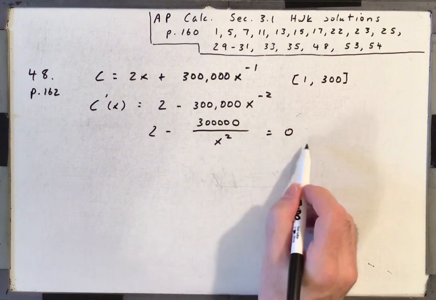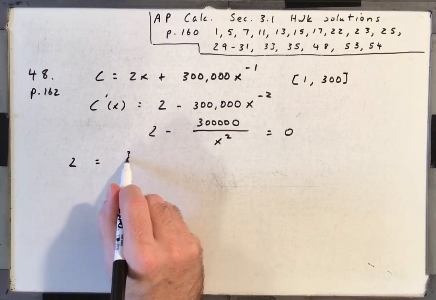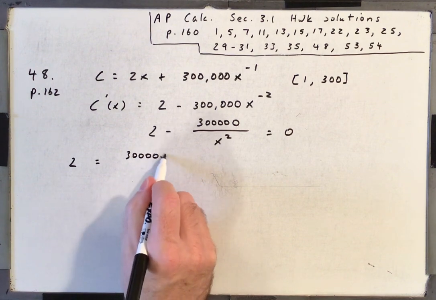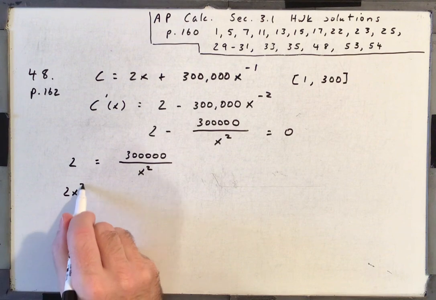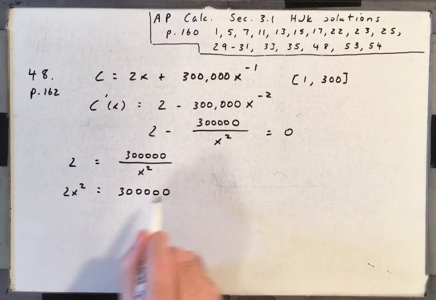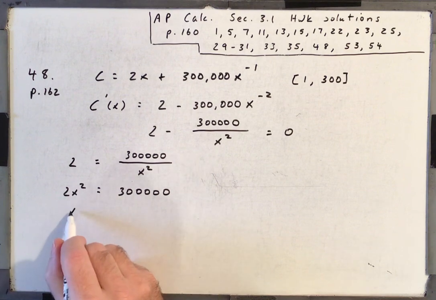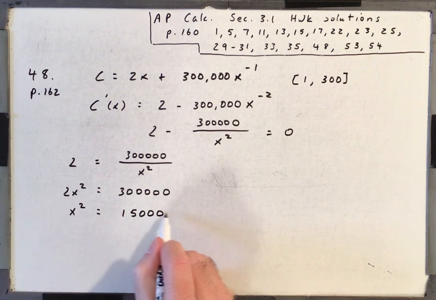So let's move this over to the right, and I would have 2 is equal to 300,000 over x squared. Let's multiply both sides by x squared. So 2x squared is equal to 300,000. Divide both sides by 2. X squared is equal to 150,000.